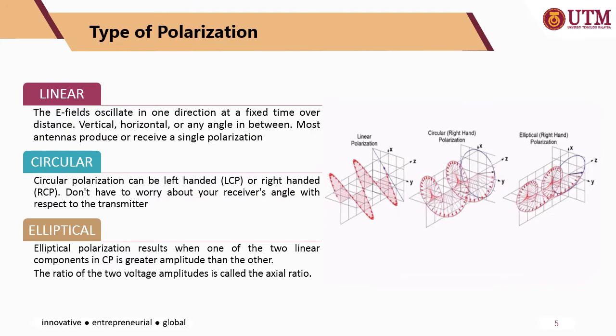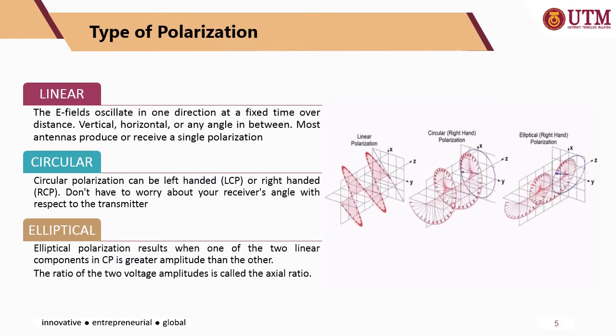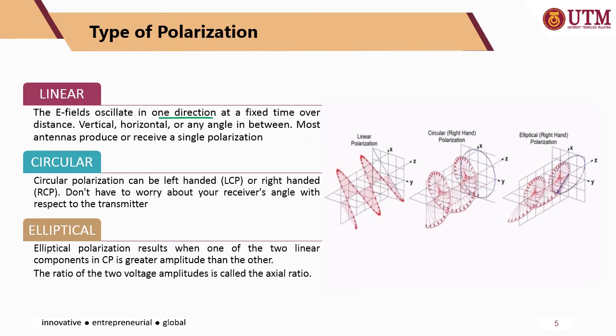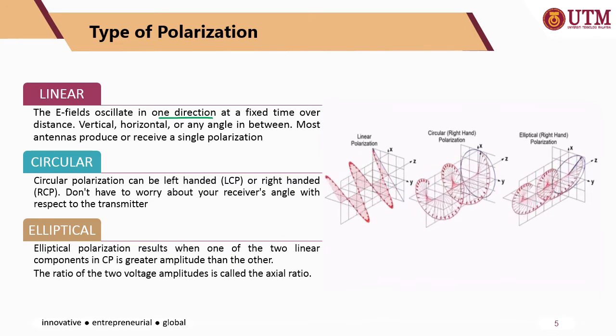Okay, types of polarization. There are three main types of polarization, which are linear, circular, and elliptical. For linear polarization, the fields oscillate in one direction at a fixed time over distance.